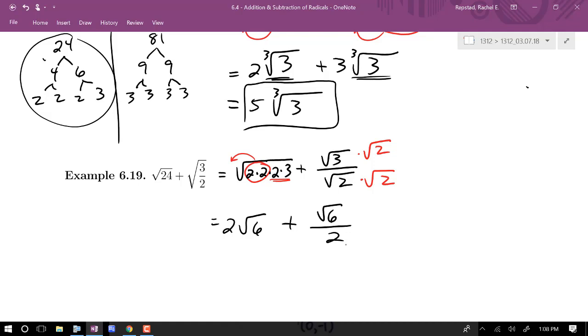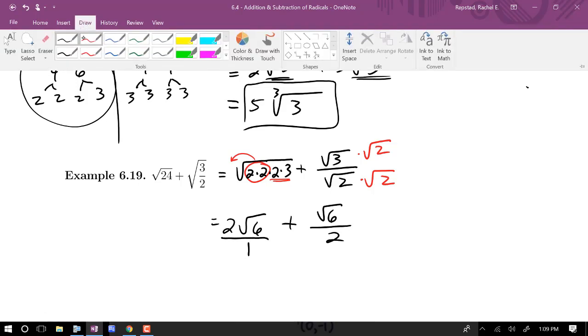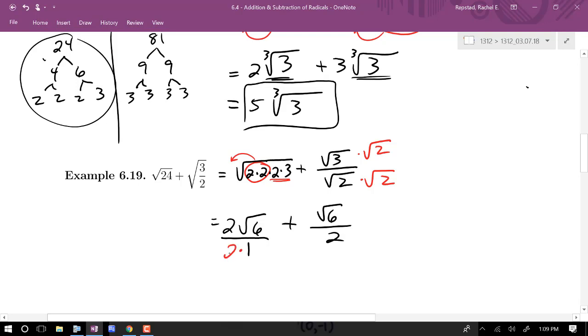The way I'm inclined to proceed is to say, I got the second term as a fraction, so why don't we make the first term into a fraction? Put it over 1. Get a common denominator. So we'll multiply by 2 on the top and the bottom. Then what we have up top is 4 root 6 plus root 6.